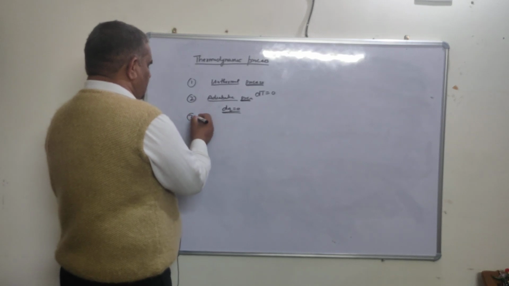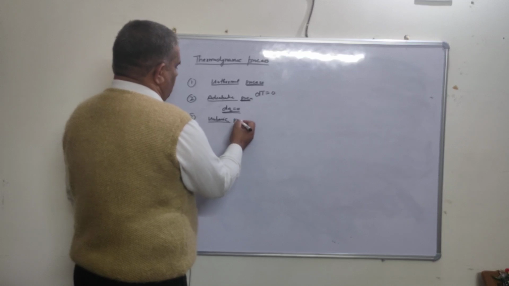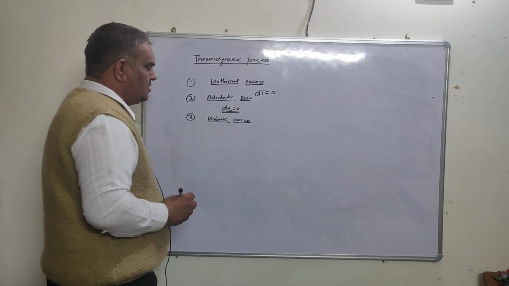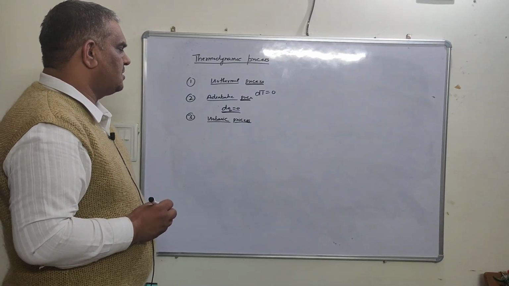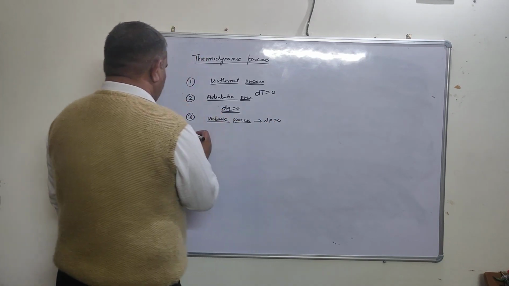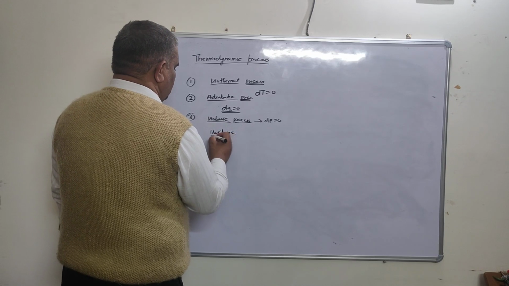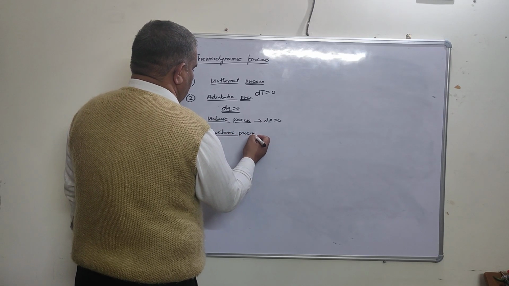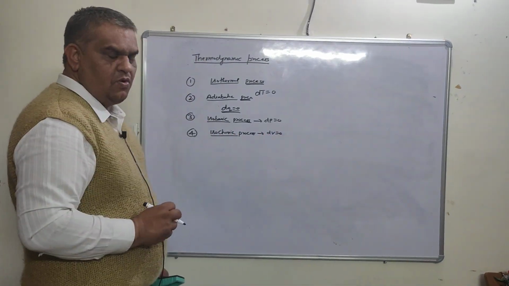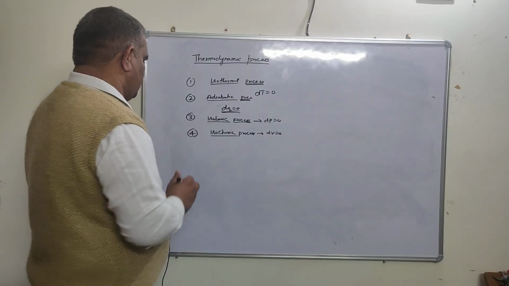Third is the isobaric process. Bar is the unit of pressure, so it is a process in which the pressure of the system remains constant. Fourth is the isochoric process, dV = 0. The process in which the volume of the system remains constant is called the isochoric process.